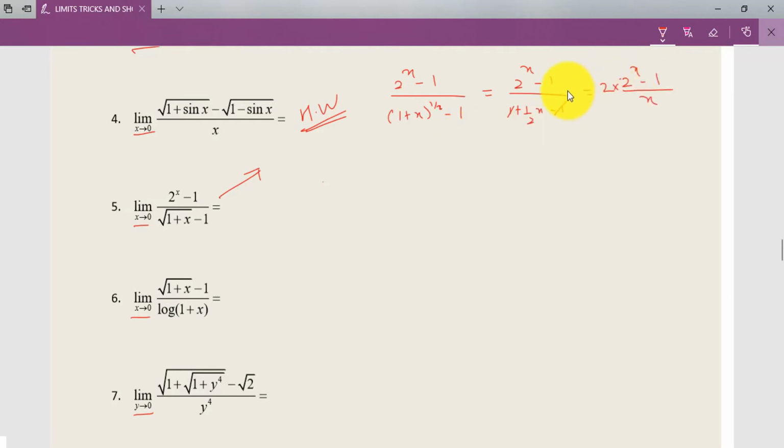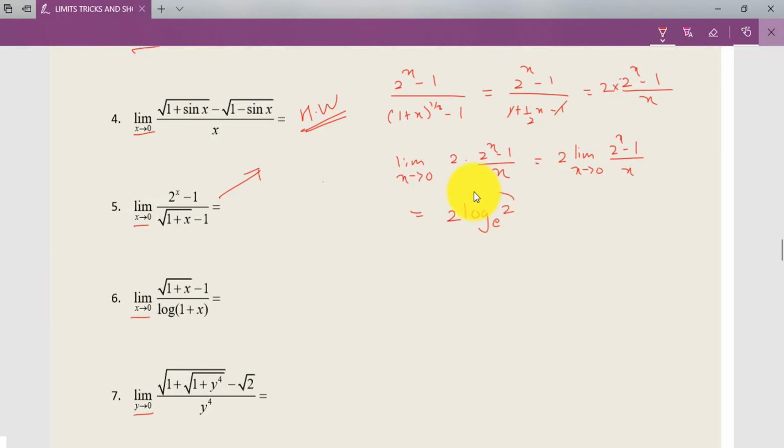Still my limit is there, limit of x tends to 0. So this will give me 2 into the limit of this. If you have an idea, you can directly write it, since this is an entrance examination question, which is equal to 2 log 2 to the base e.